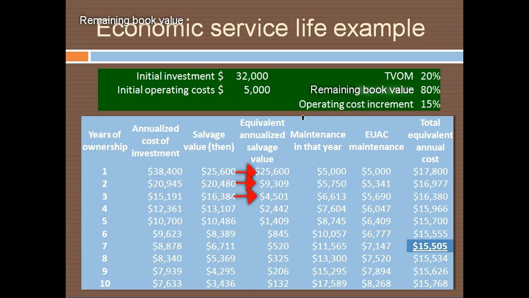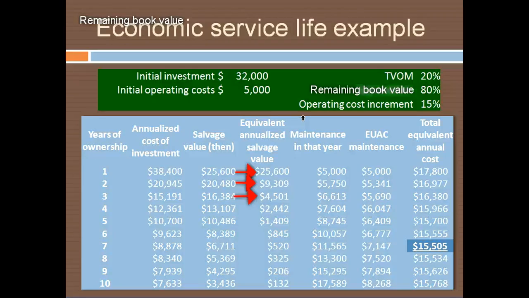So we compute an equivalent annualized salvage value, and for 1 year it's only the 25,600, but the 20,480 would translate into 2 years at year end, at the end of year 1 and at the end of year 2, of 9,309.